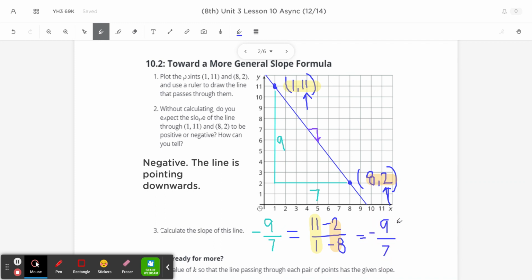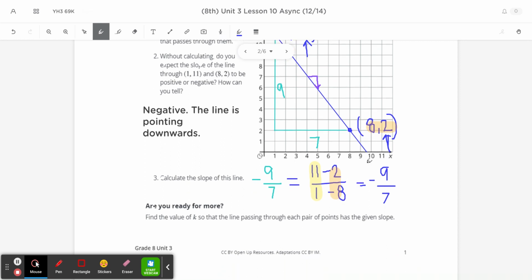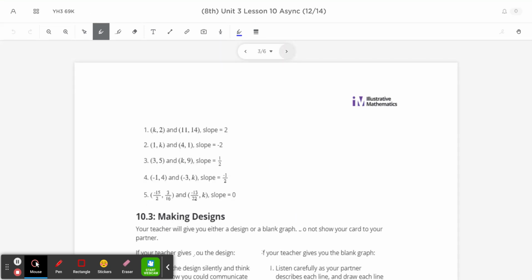And I can find the slope simply by subtracting an x-coordinate I know minus another x-coordinate I know and a y-coordinate I know minus another y-coordinate I know. Remember that it's always rise over run. So these are our y values up top, and these are our x values on the bottom. Vertical over horizontal or rise over run.